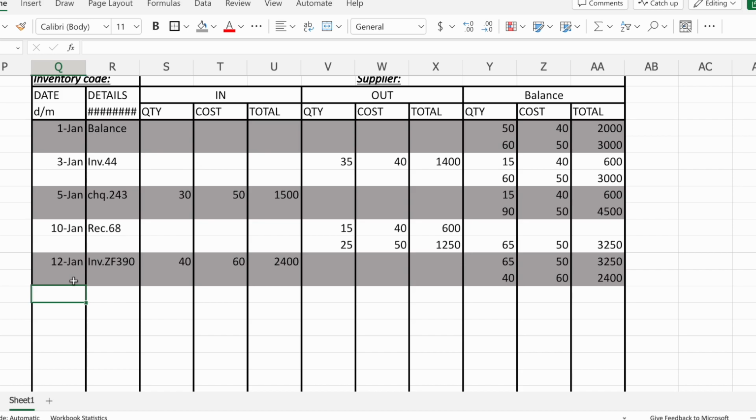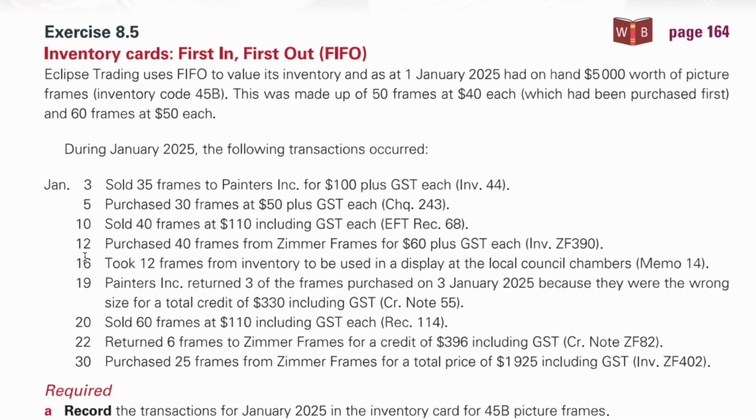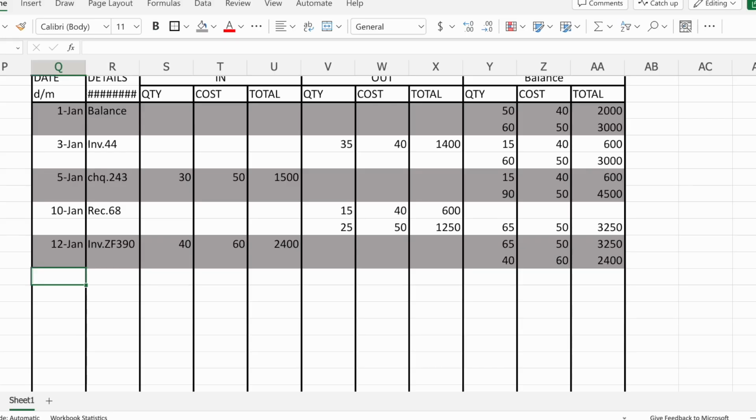So now let's move on to the 16th. Yeah, 16th. So it took 12 frames from the inventory to be displayed. So this is a memo. Again, for advertising, they take out a couple of pieces of inventory, and it's recorded on a memo. So it's on the 16th of Jan.